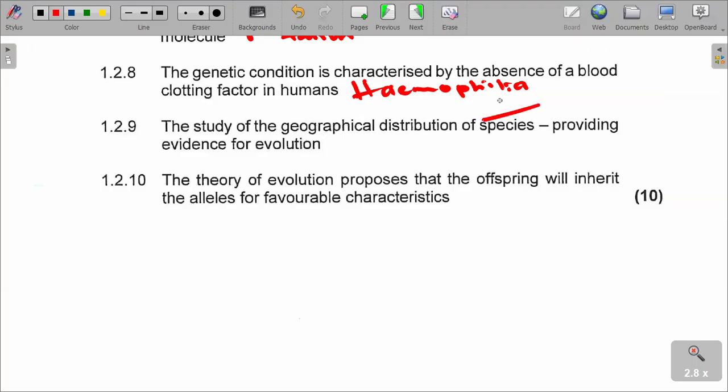And the geographical distribution of species providing evidence of evolution. Sources of evidence of evolution. Also, please check on the channel, class. We have a video presentation that talks about the article sources of evidence for evolution. We call that biogeography. Bio means life.